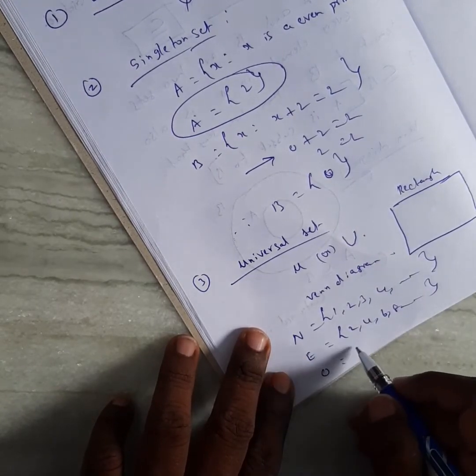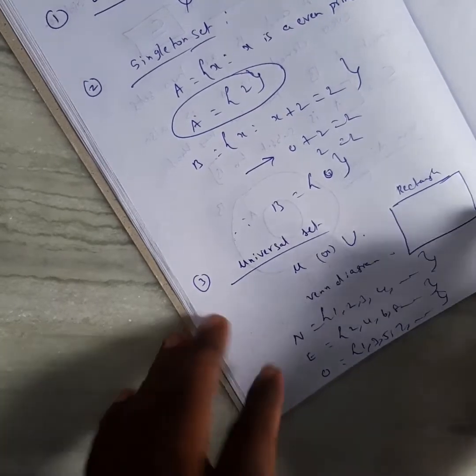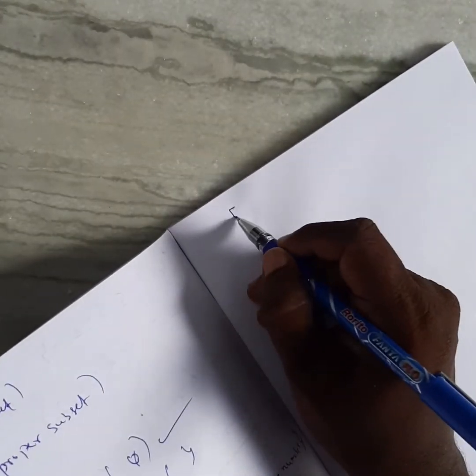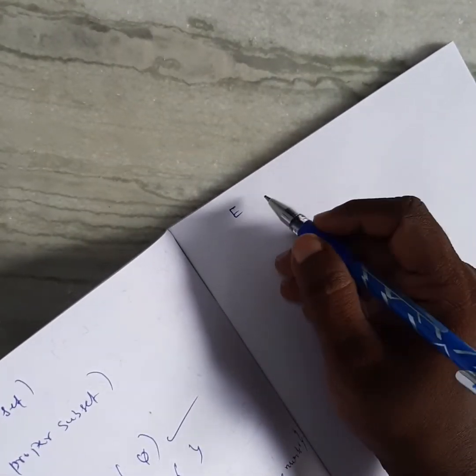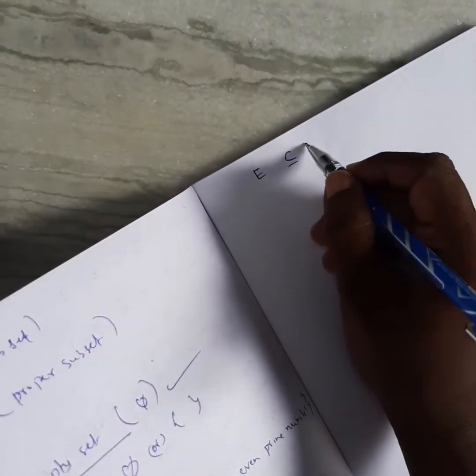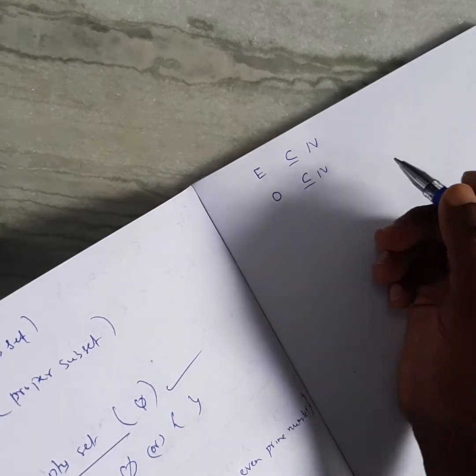Odd numbers, O is equal to {1, 3, 5, 7 and so on}. Here E is a subset of N, meaning E is contained in the natural numbers. At the same time, O is contained in the natural numbers.